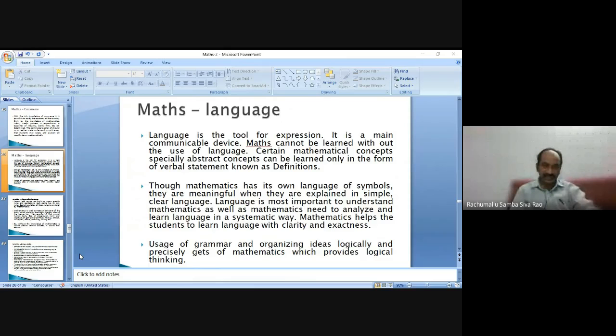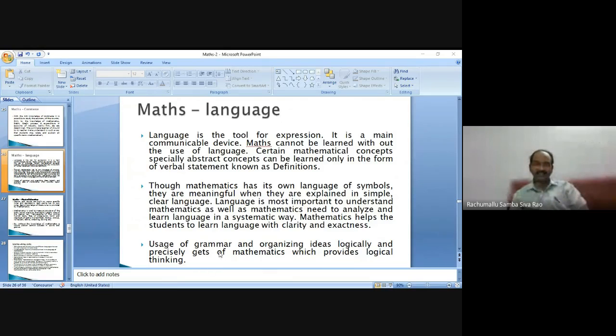For example, in Telugu, when writing poems and stanzas, we use grammatical concepts like laghu and guruvu. All those are based on mathematical concepts only. Usage of grammar and organizing ideas logically and precisely gets support from mathematics, which provides logic.